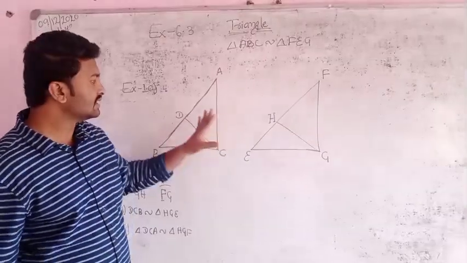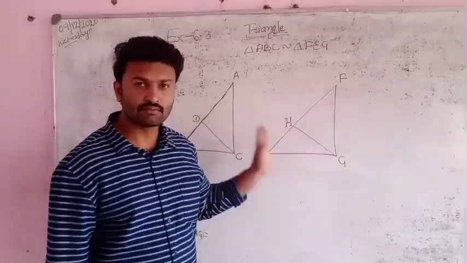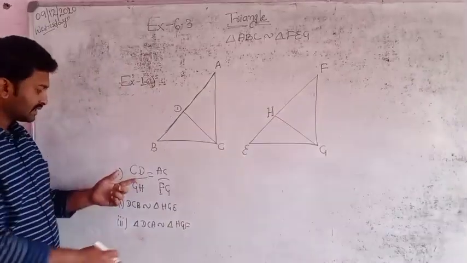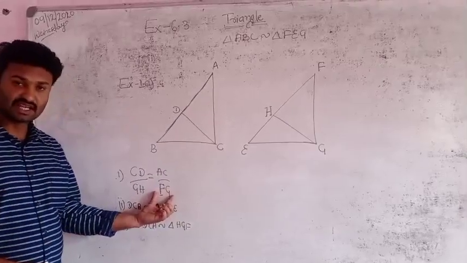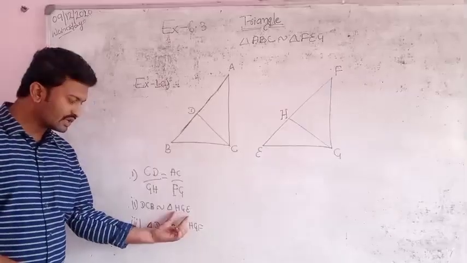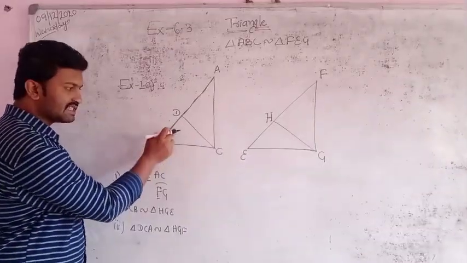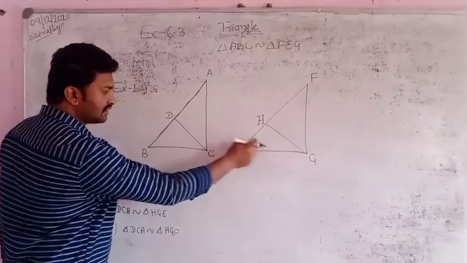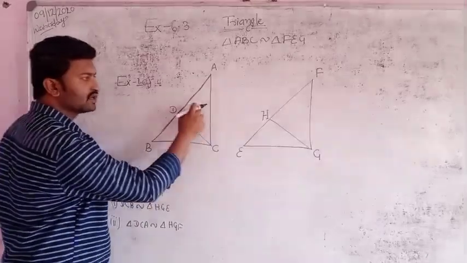This is given: the whole triangle ABC is similar to triangle FEG. If both triangles are similar, then we have to prove that the ratio CD divided by GH equals AC by FG, and that these two triangles are similar: DCB similar to HGE, and DCA similar to this triangle.